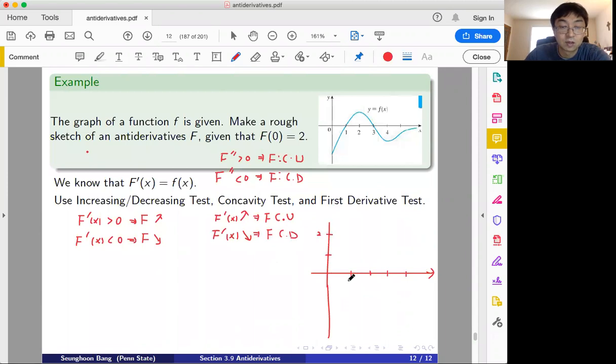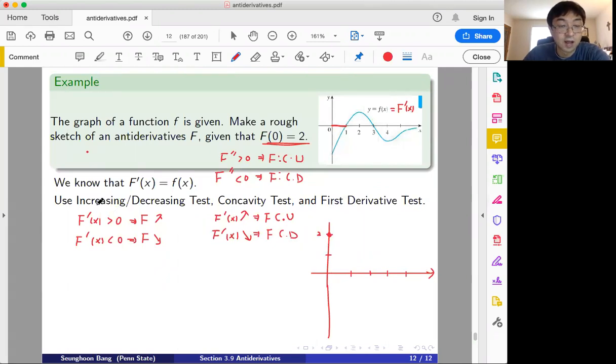F of 0 equals 2, so you can plot that here. Little f is exactly F prime of x.